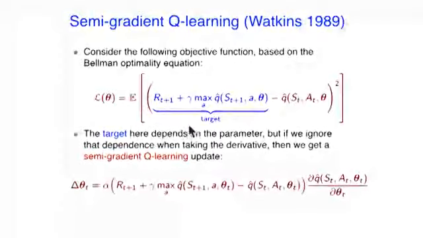So notice that the target depends on the parameter, depends on theta. And we have to ignore that, okay? We ignore that dependence because this is viewed as a target. We don't want to say, I'm going to change my guess to equal, well, we do want to say I change my guess to make it more like the target, but we don't want to say I'm going to change my target to make it more like my guess, okay?